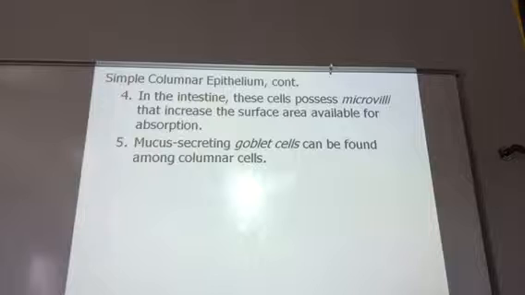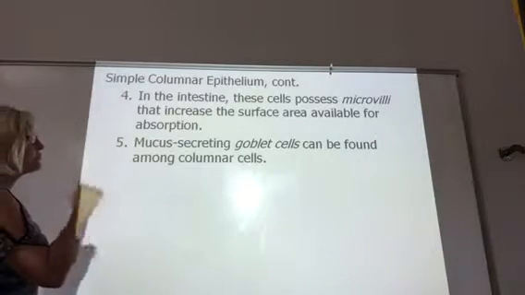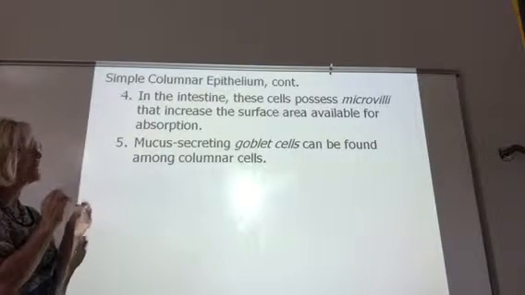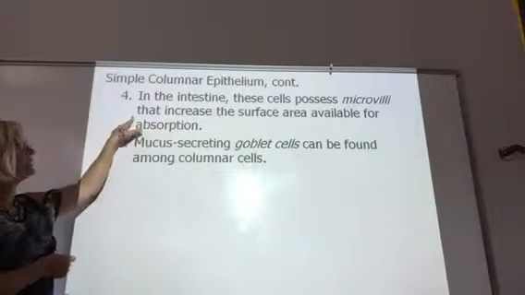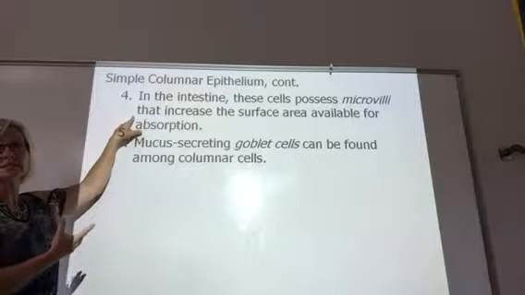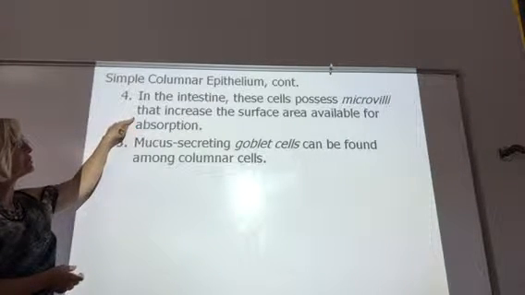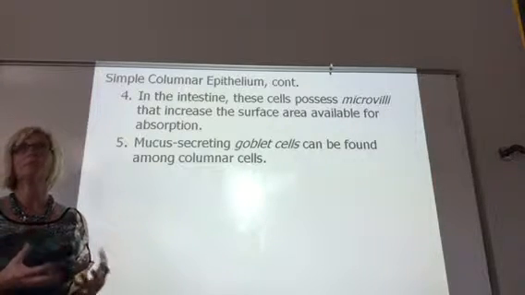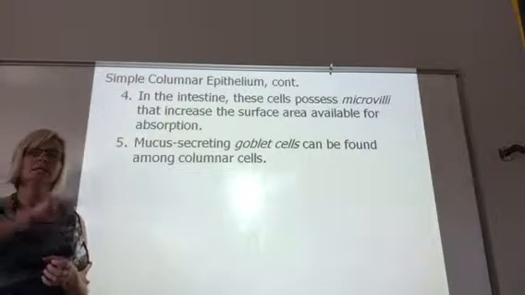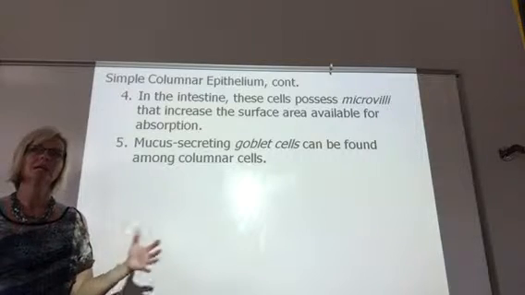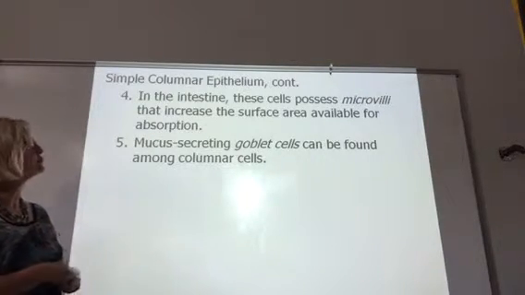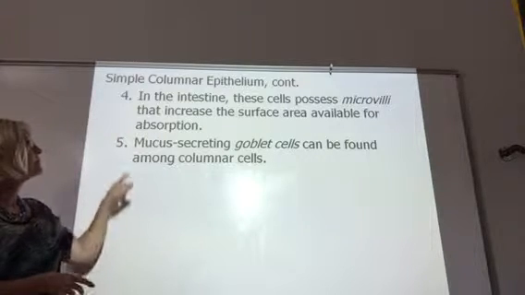In the intestines, the open part or the free top part is going to have microvilli, which are little tiny extensions. And because they're extensions of the cell, they increase the surface area, which allows your intestine to absorb more. It increases the surface area, allowing more digested materials to be absorbed.